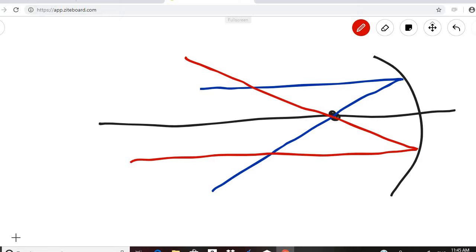Okay, and then the last piece of information that we know is that any beam of light that travels through the radius of curvature will be reflected backwards along that same line.